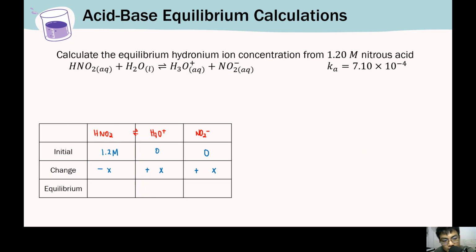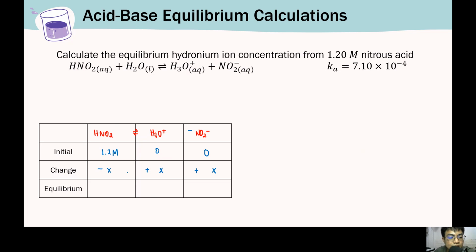Again, just to clarify, if you have a coefficient here, kunwari may mga coefficient ka dyan, you have to include them. Anyway, that's how you write the change. Kung nasan yung 0, dun papunta yung reaction.